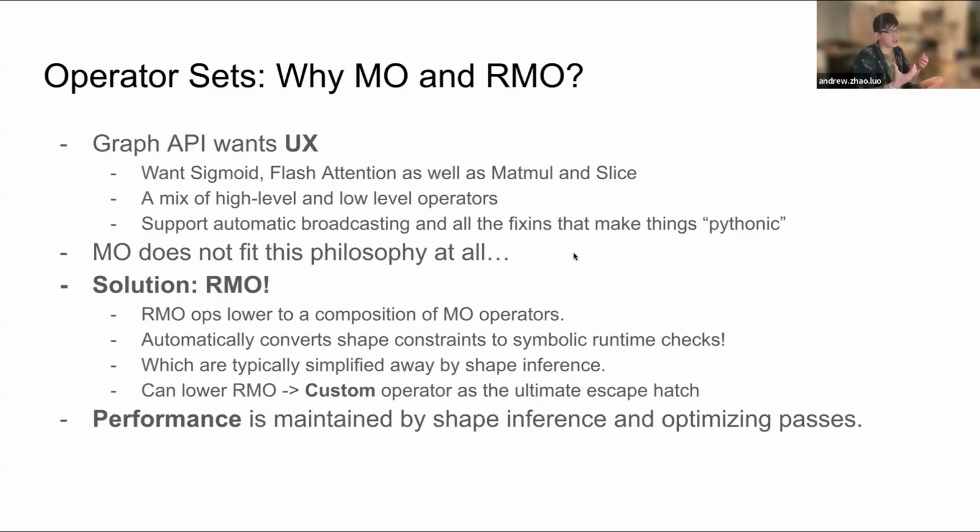The other part of the discussion is how do we deal with the strict shape semantics? Well, the answer is we can rely on the shape inference system, that infrastructure that I described previously, and insert symbolic shape conversion checks in this transition from CISC to RISC, and depend on the shape inference passes to clean it up, which, as I said, they're very good at, so they almost always clean them up.